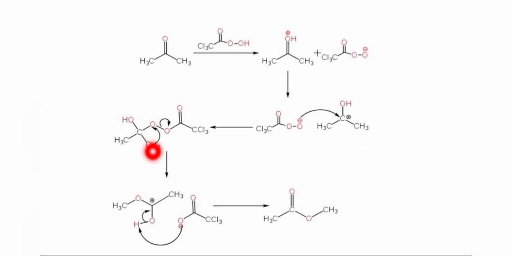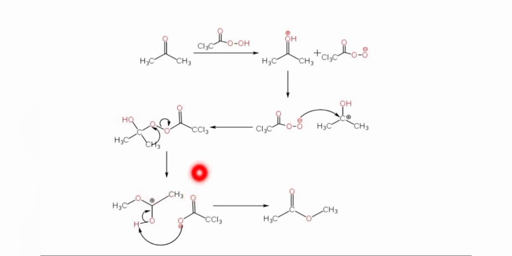This CH3 group migrated towards oxygen with its electrons, so carbon gets only three bonds. Carbon with three bonds means it is electron deficient, and an electron deficient species means a carbocation. This bond shifted its electrons towards oxygen, so oxygen gets a negative charge. So here you can see a carbocation and O minus.